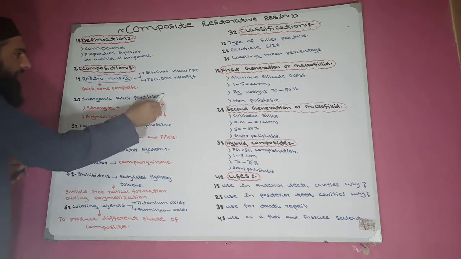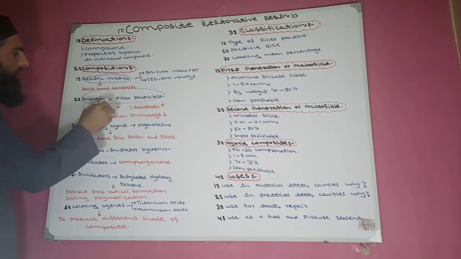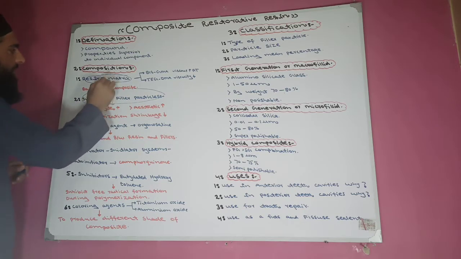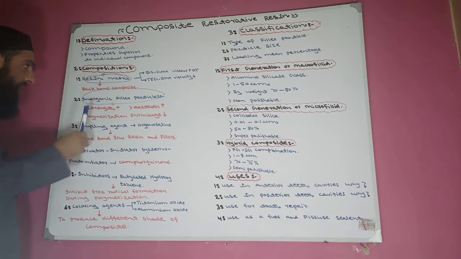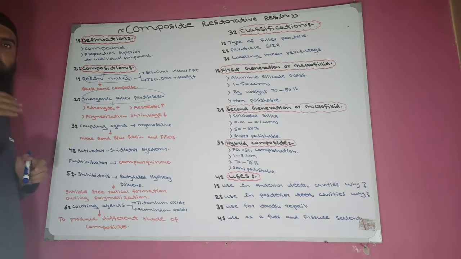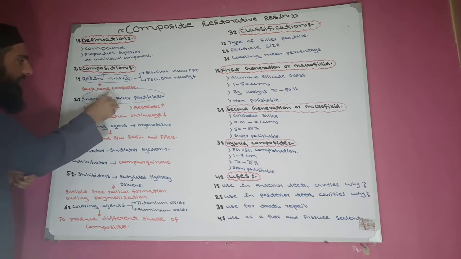The inorganic filler particle. This inorganic particle is different in each type of composite, but the resin material is the same. Now when we classify the composite, we give importance to which bases of the inorganic filler particle?